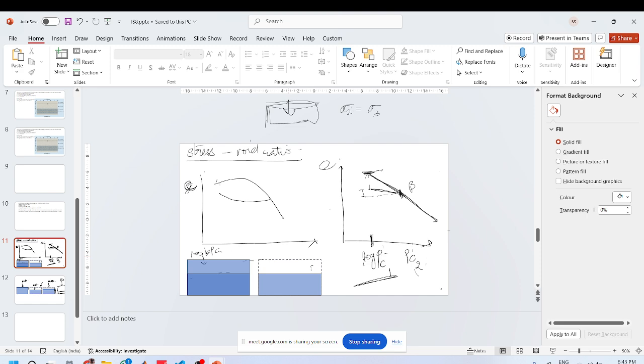Anything lower than PC2, when I load it, the soil will be over-consolidated, and the void ratio will reduce by a smaller amount as compared to what it would if this was normally consolidated.